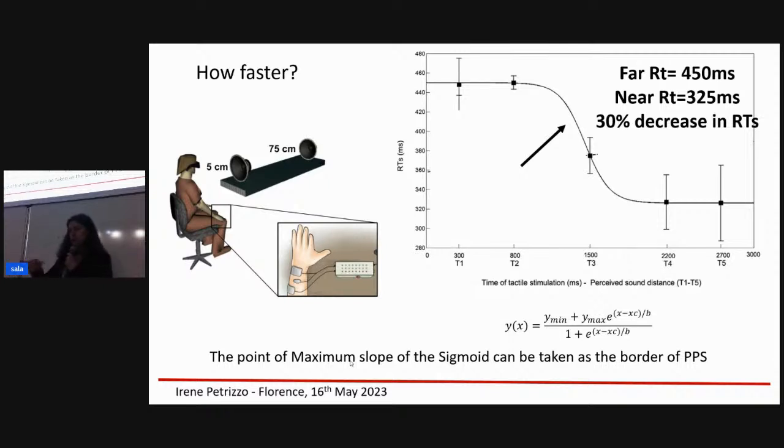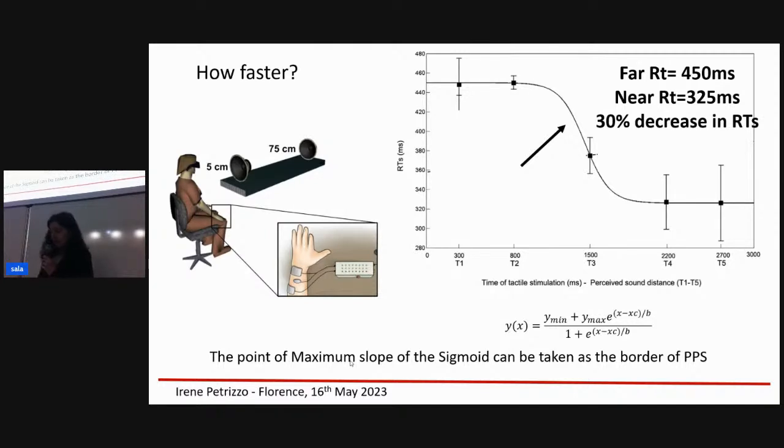And by modulating the volume balance between the two, you can achieve the illusion of a sound that is approaching the participant. And at the same time, while the sound is approaching, at some point you deliver the participant with a vibration to the hand or to the arm, and you ask them to press a button when they feel the vibration. And then you measure how long it took them between the vibration and the press of the button. That is the reaction time.